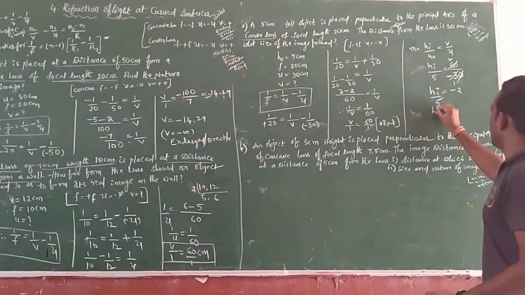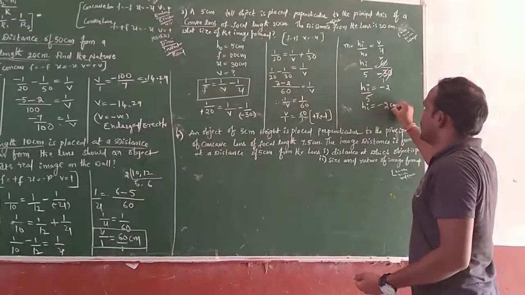Then hi is equal to minus 10 centimeters.